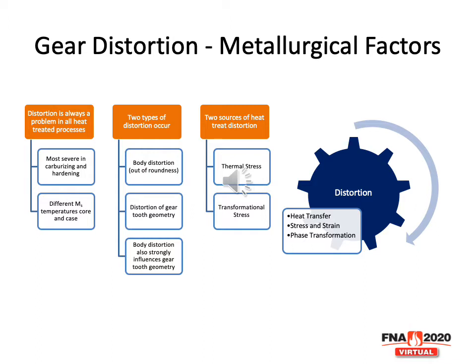This is particularly true in steels. For the transformational stress, for instance, the expansion of martensite is on the order of 3%. Thermal stresses are just stresses due to differential in heat transfer from center to surface and from surface to surface. The heat stresses and strains and phase transformation contribute to distortion in gears.